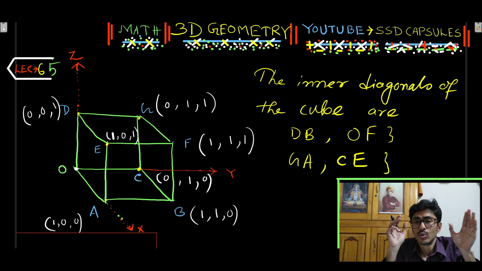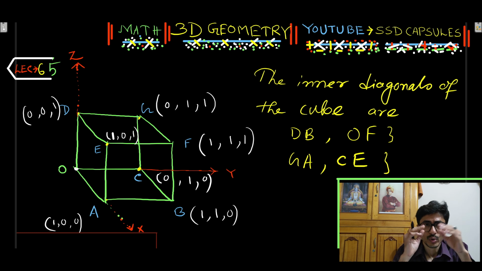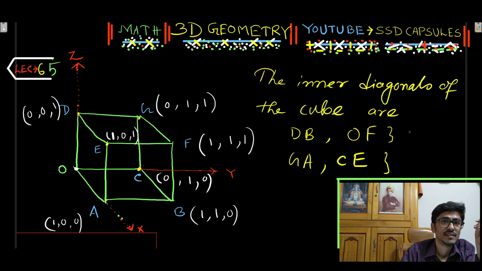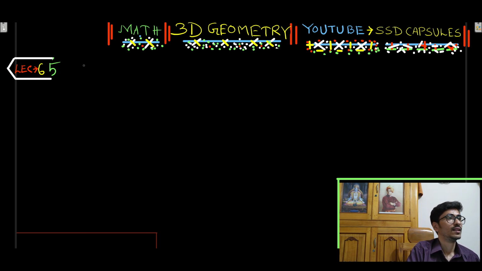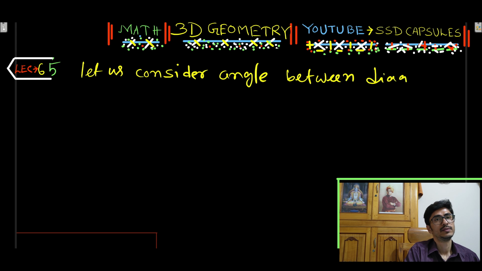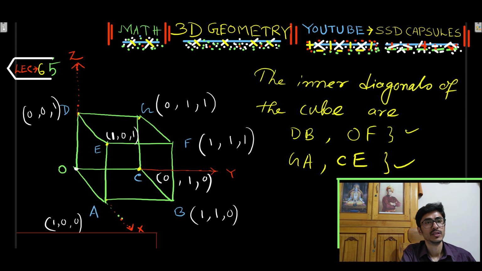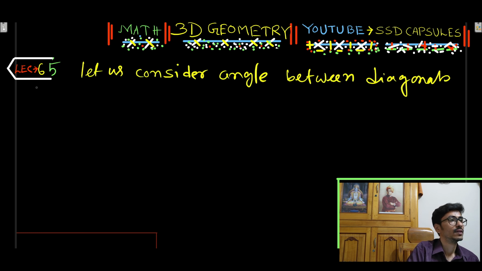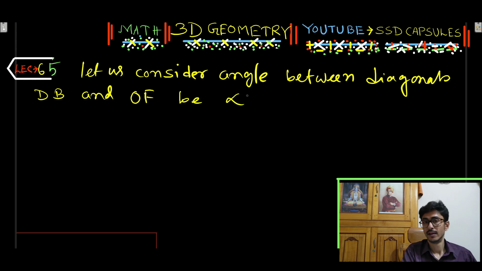So to determine the angle between the diagonals, we will consider either one of these pairs. So let us consider the angle between the diagonals DB and OF be alpha.